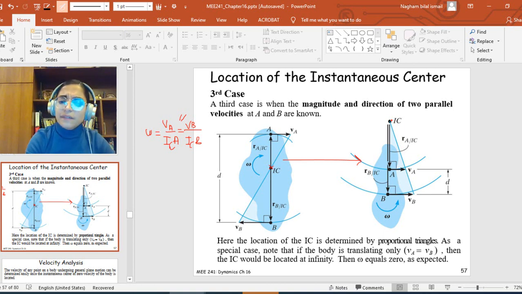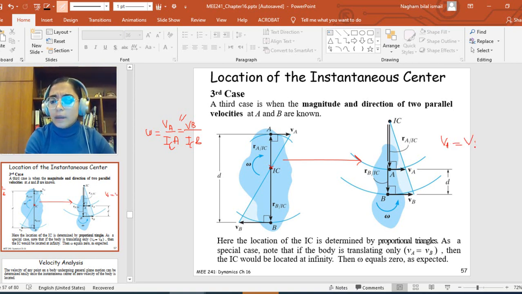Now, what if VA in vector form is equal to VB? So if VA is equal to VB, then I'm going to have this one. Let's say this is A, this is VA, and this is B, this is VB.